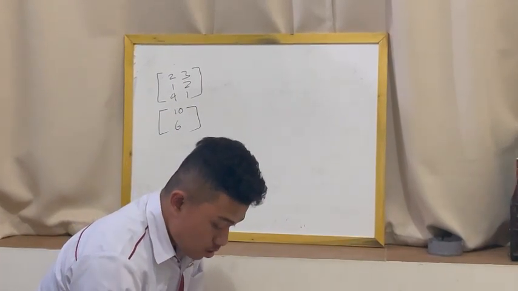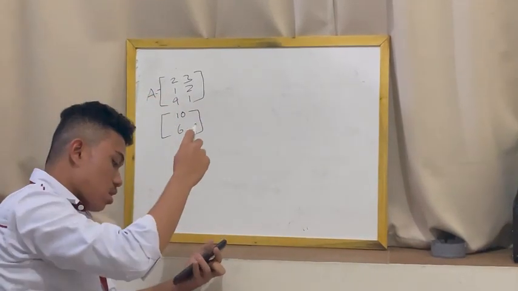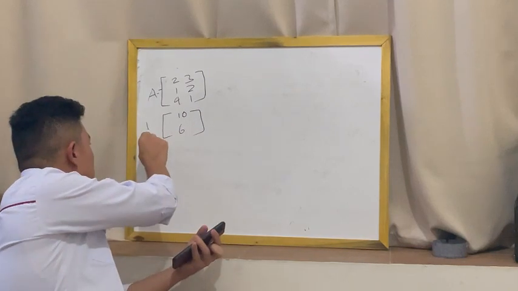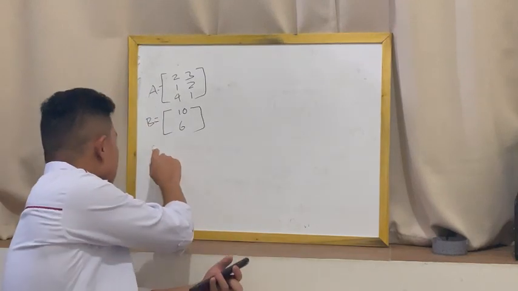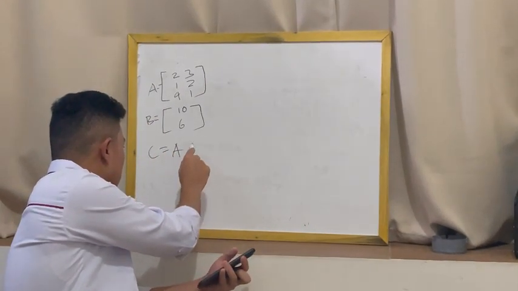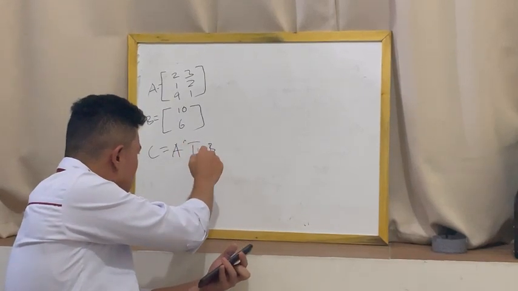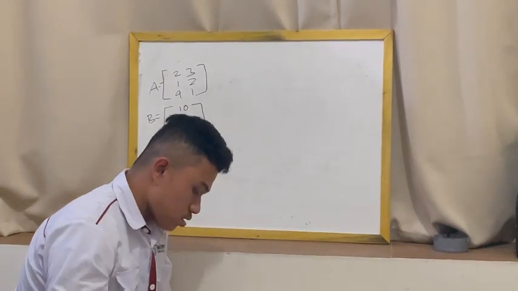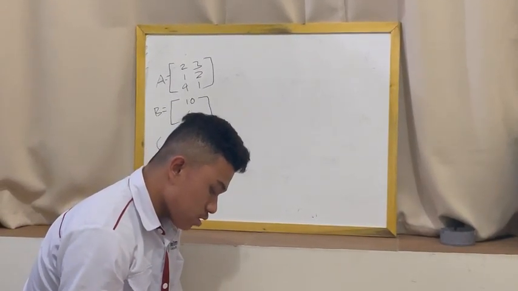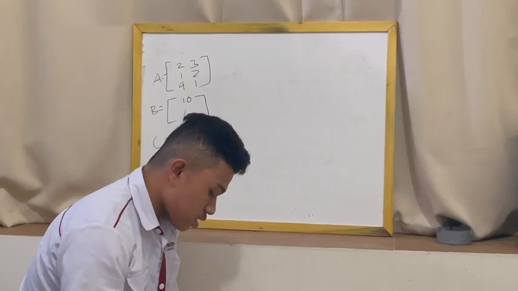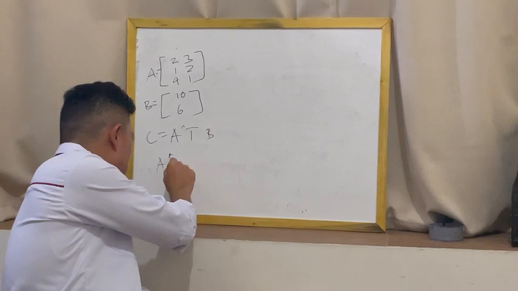So this is matrix A, and this is matrix B, and C is this. To calculate, we find the transpose of matrix A. So we do this.